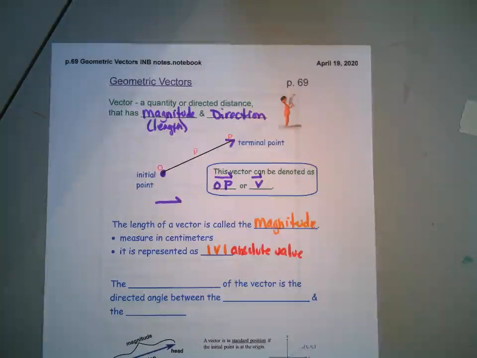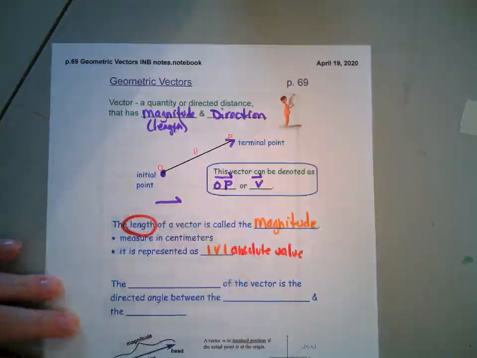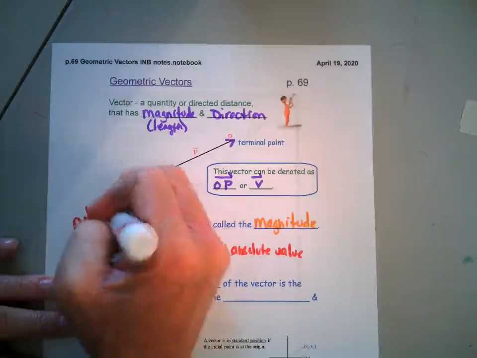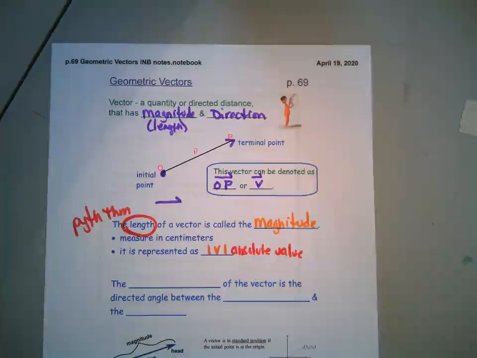It doesn't matter which direction it goes. It's always going to be a positive value. For the length, for what we're going to be doing, you'll be able to use the Pythagorean theorem to get its magnitude. So we'll be doing a lot of a squared and b squared to get c squared.